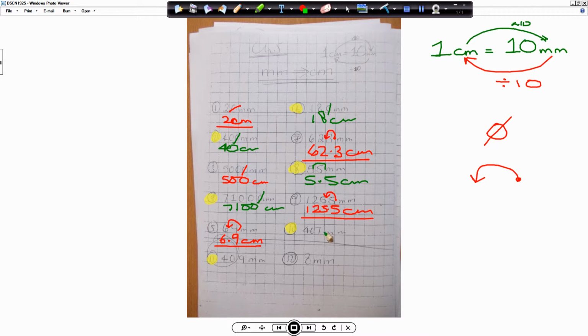You have 407 millimeters, put the decimal point at the end, go back by 1, so that gives you 40.7 centimeters. 409, put the decimal point at the end, go back by 1, so that gives you 40.9 centimeters. That's the whole exercise done.